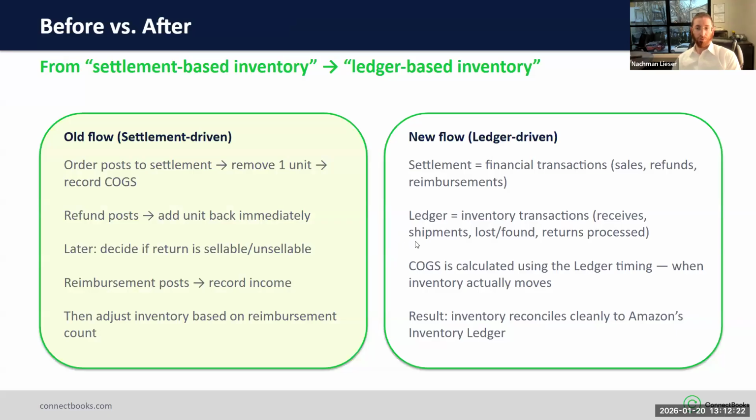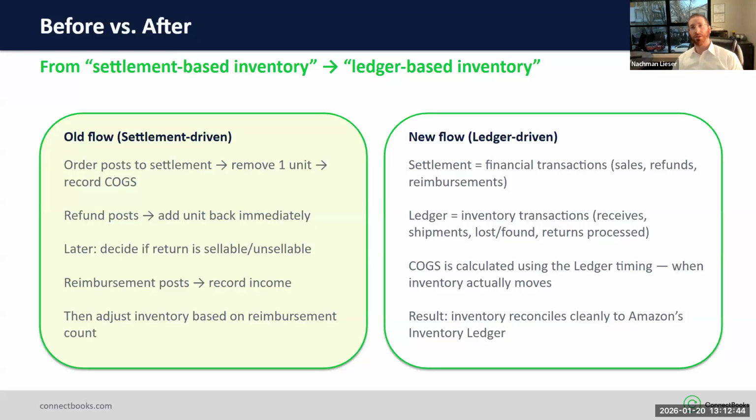So when it comes to calculating cost of goods sold, let's say Amazon put back in the seller's inventory this month 10 units, and each unit costs $10. Then we would say, okay, now we have $100 less in cost of goods sold this month because we got back those units.